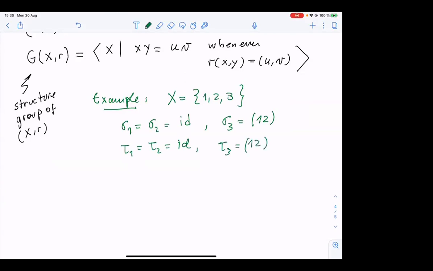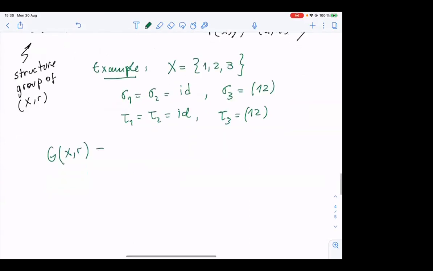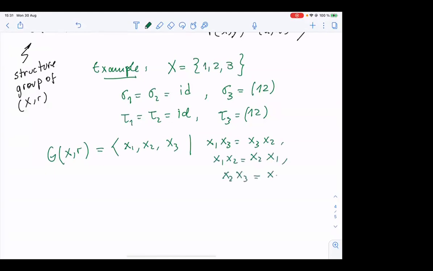Well, this is a solution. What is the structure group of this solution? Well, it is the group with generators X1, X2, X3, say, with these relations. X1 X3 is X3 X2. X1 X2 is X2 X1. And finally, X2 X3 is X3 X1.